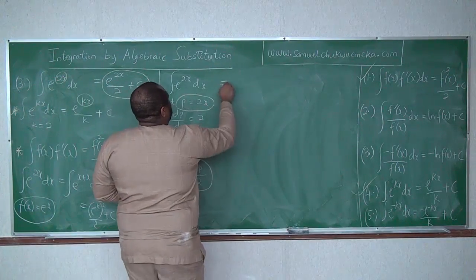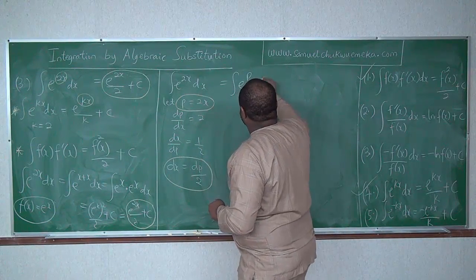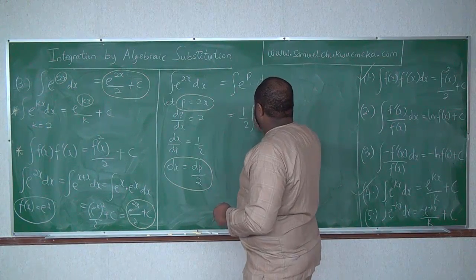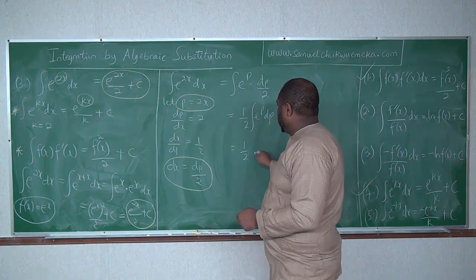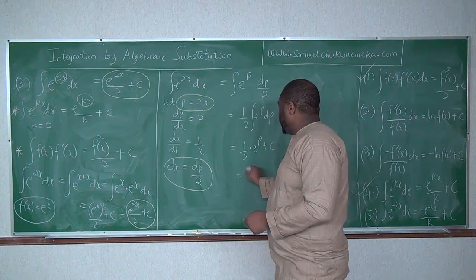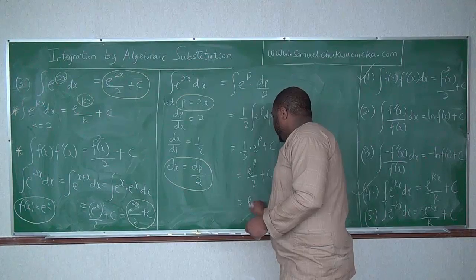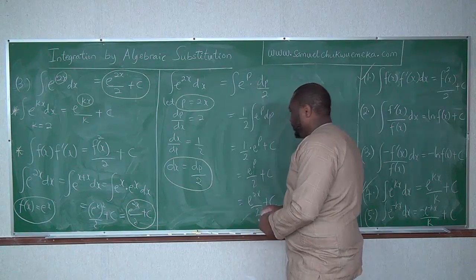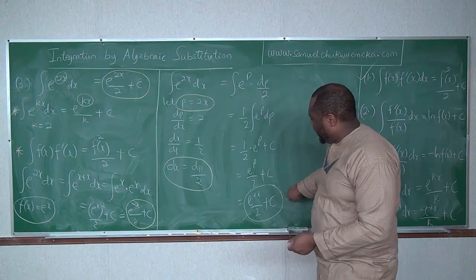So this will give us now e to the p times the p over 2, which is 1 over 2 e to the p dp, which is now 1 over 2 times e to the p plus c, which is e to the p over 2 plus c, which is e to the 2x over 2 plus c. Okay, we've done this like 3 ways.